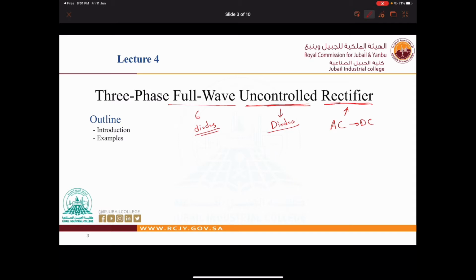We are opening the path for the negative part of the waveform of the 3-phase supply to come back to the supply, in order to have less ripple, and then inshallah we will have more output power. Okay, so inshallah today we will see an introduction about the 3-phase full-wave uncontrolled rectifier, and then we will see some examples and revision examples also.